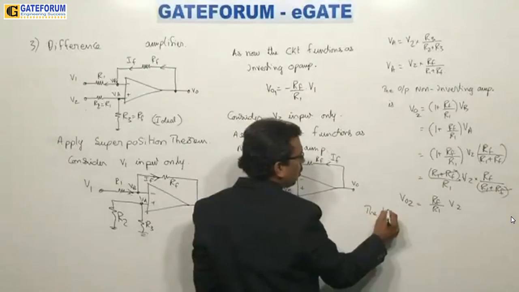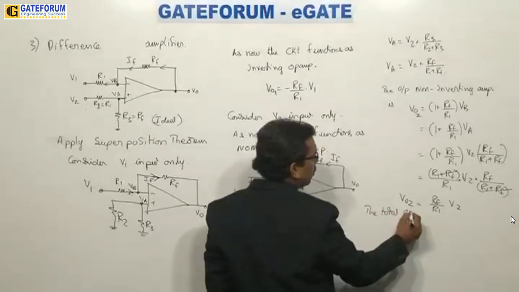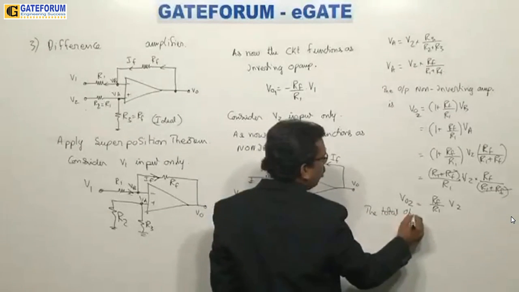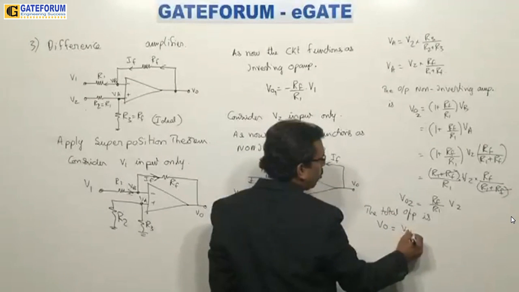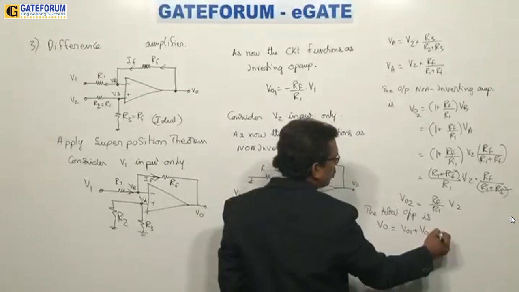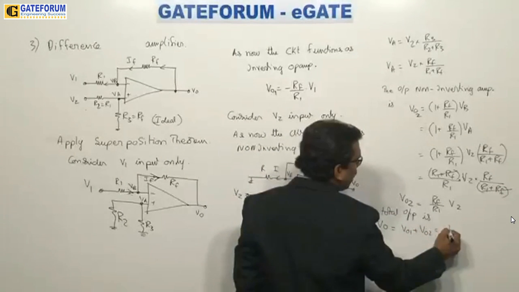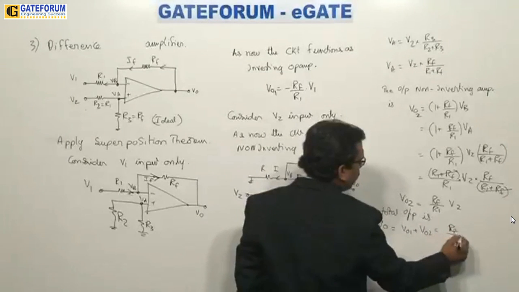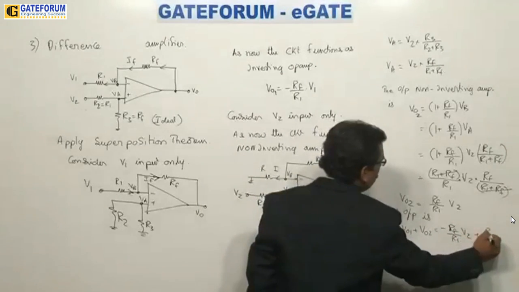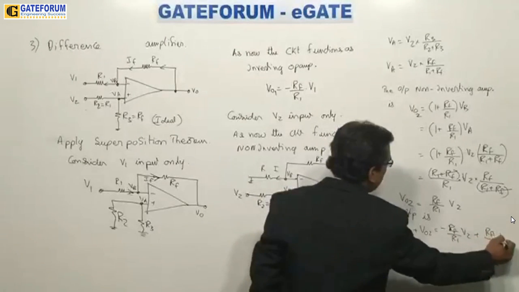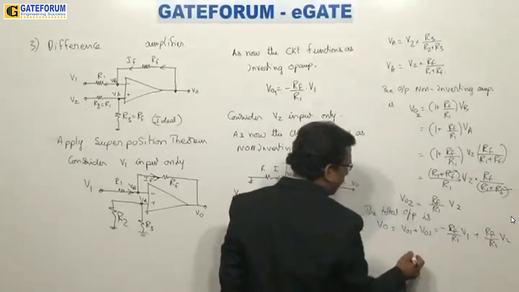Now the total output V0 is equal to V01 plus V02. So you will get minus RF by R1 into V1 plus RF by R1 into V2.